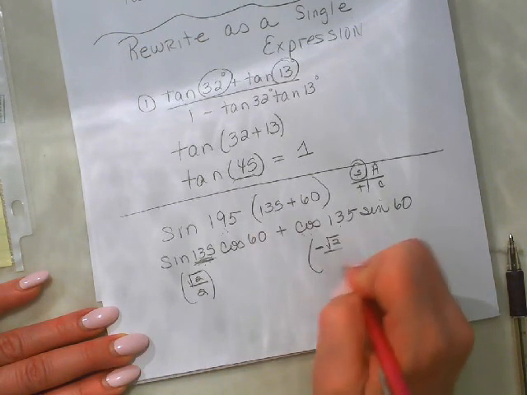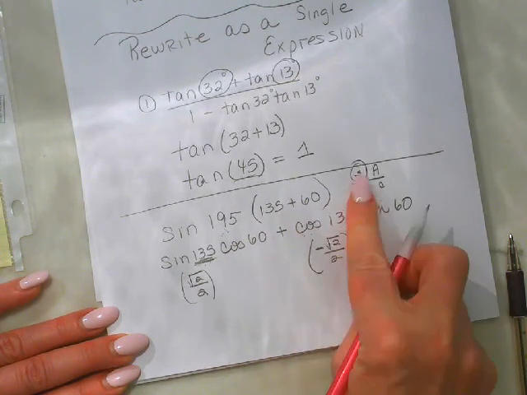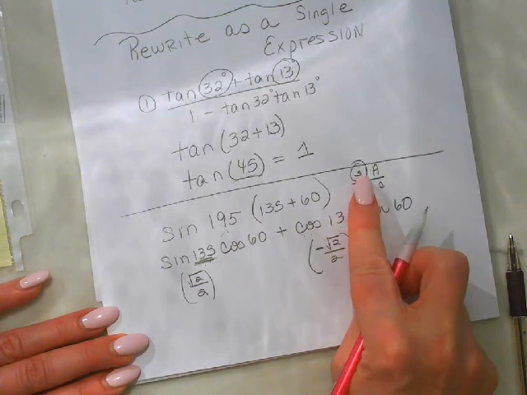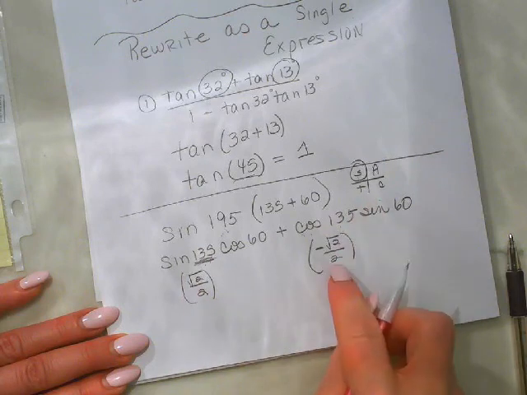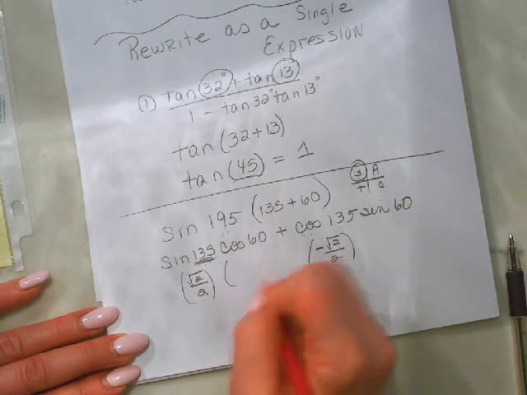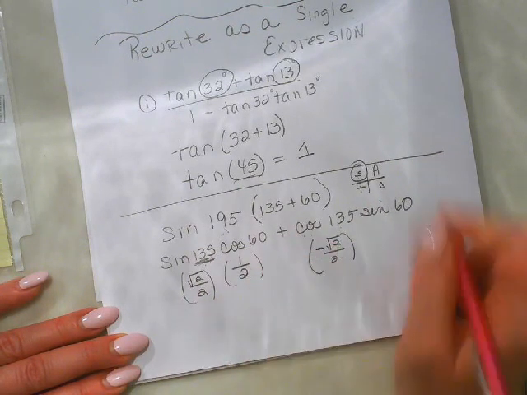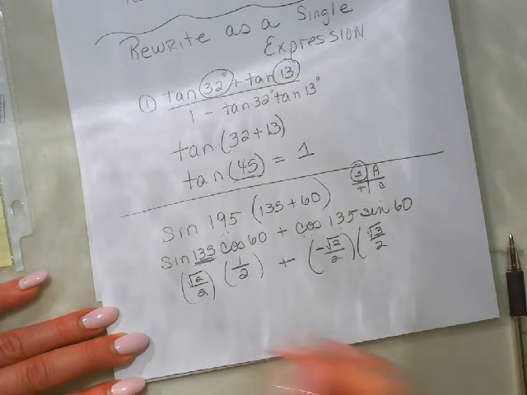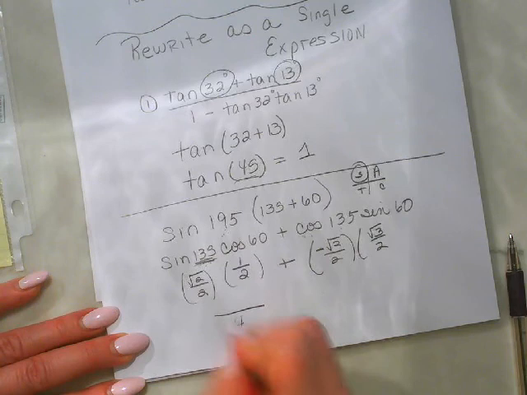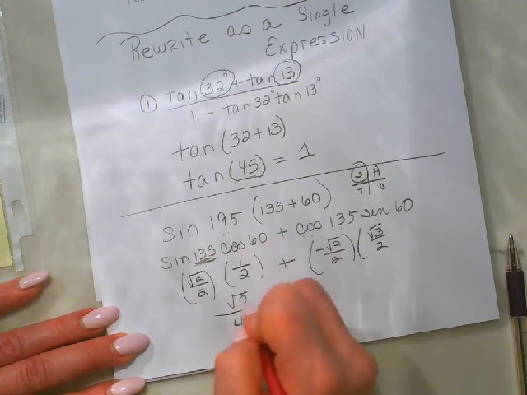Sine is positive, this is fine. But when I write the cosine of 135, it's going to be negative because 135 is in quadrant 2, and in quadrant 2 only sine is positive. So this would be positive, but this one would be negative. And then the cosine of 60 is 1/2. The sine of 60 is radical 3 over 2.